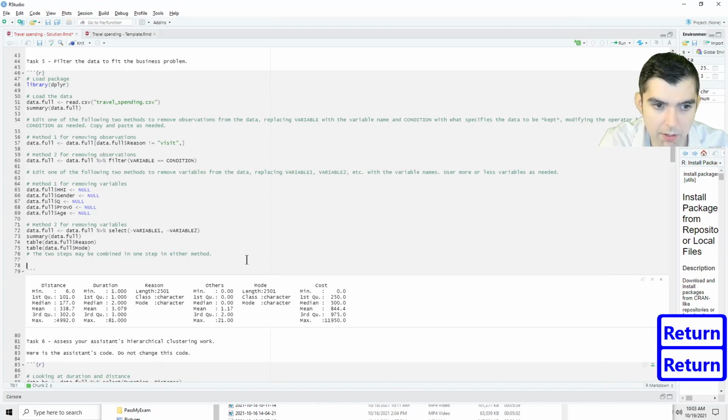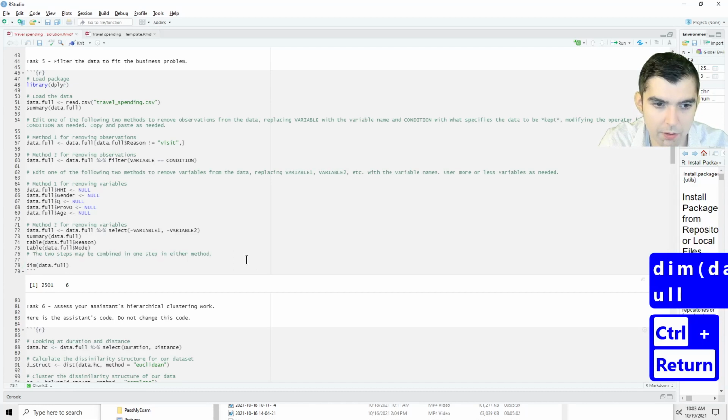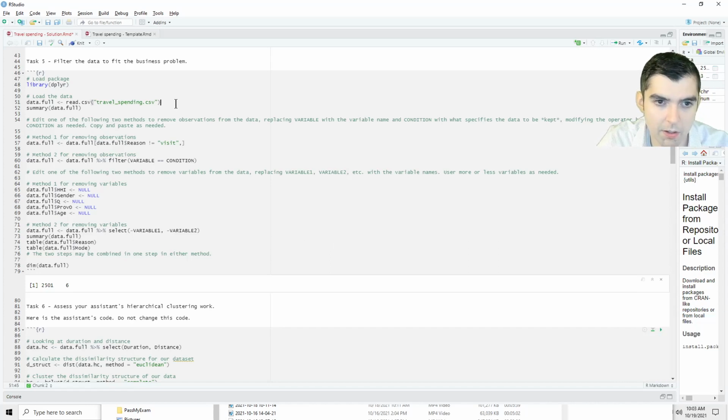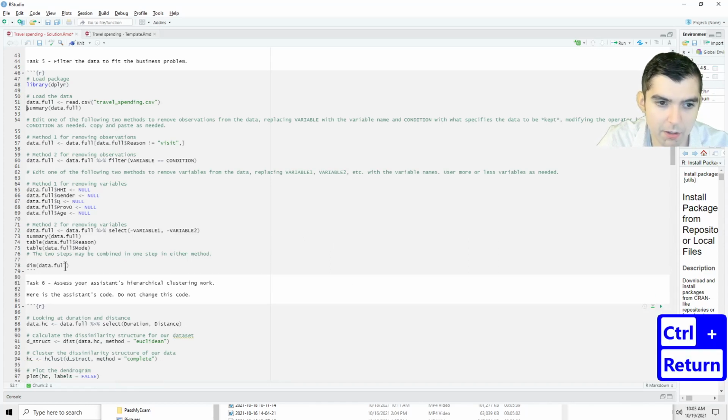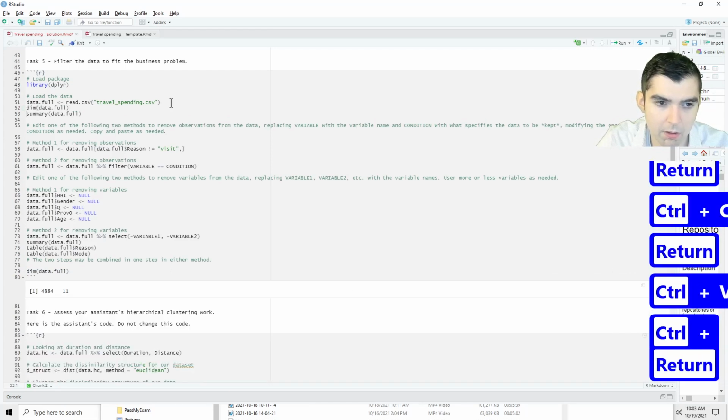Let's look at dimension data full. Well, okay, there's 2,500. How many did we start with? I'm gonna have to reload the data. So there were 448.